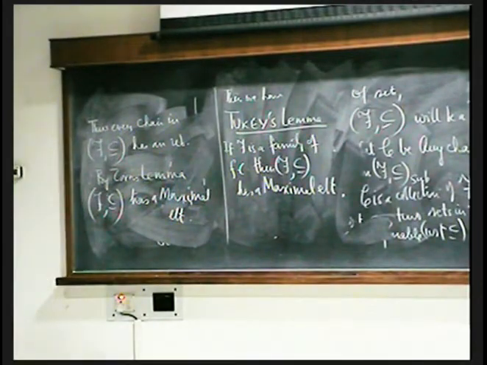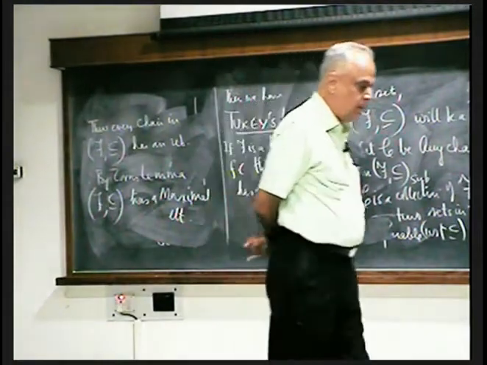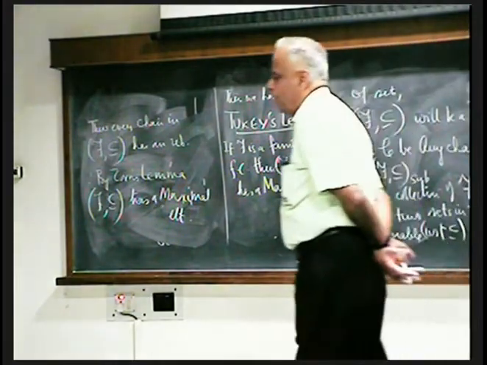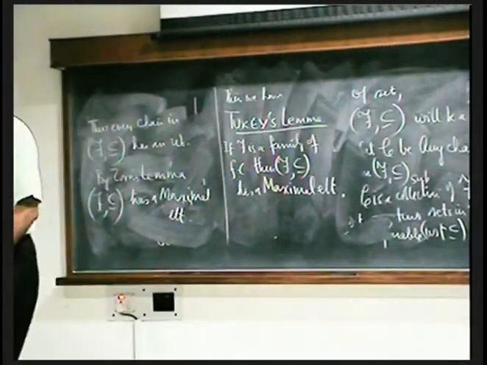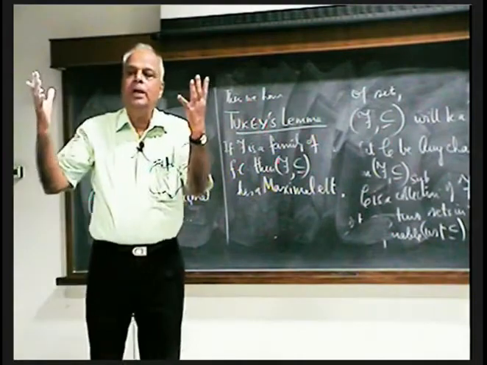I will discuss next class two applications of this. One is the existence of the so-called Hamel basis for a vector space. But I will discuss also one more application of it, which probably in the first or second class I just glossed over and stated.